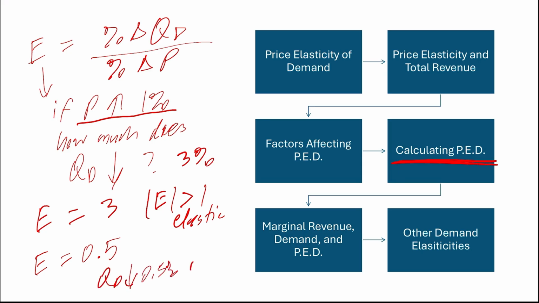In this case, we'd call this inelastic because this is less than 1. I guess one important thing to note here is that the price elasticity of demand should always be negative, but we do sometimes just ignore the negative sign because we sort of assume that these things are going in opposite directions when we're talking about the quantity demanded and the price.